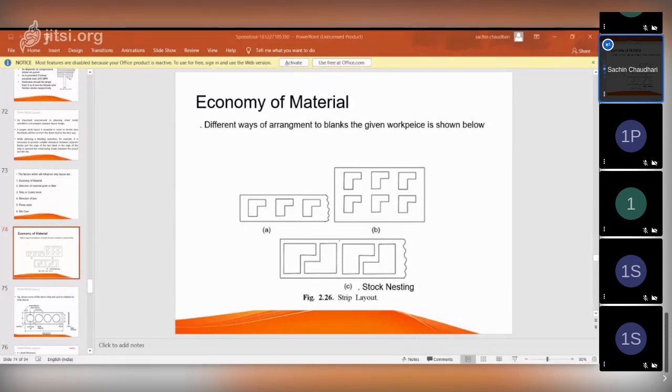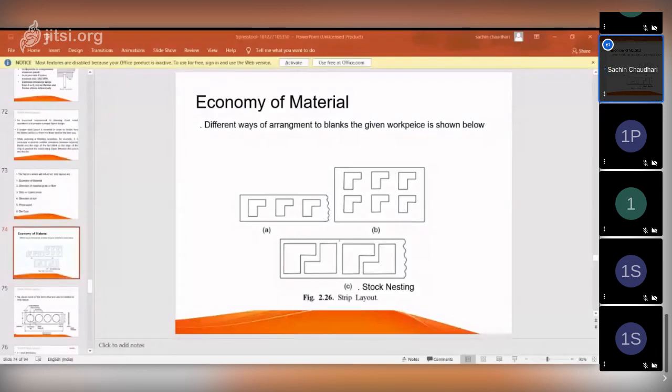Once for each row, or double blanking. So you can employ this kind of strip layout to cut this particular profile. Okay, so the percentage material utilization may be increased somewhat in case B than in figure A.